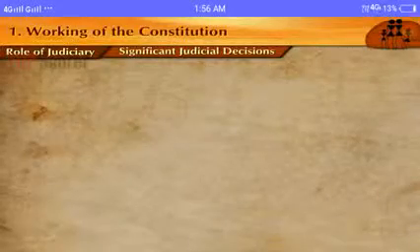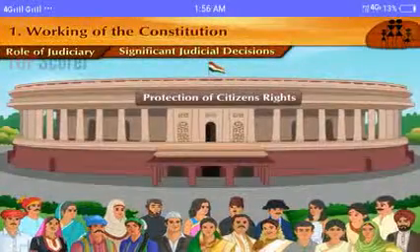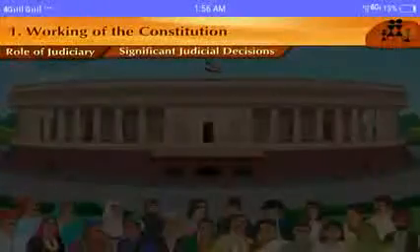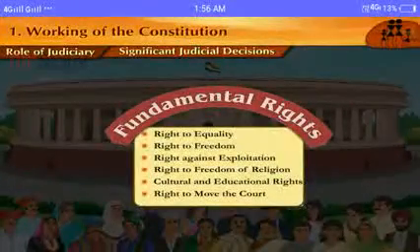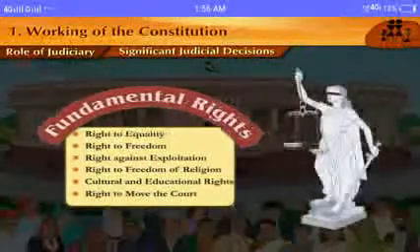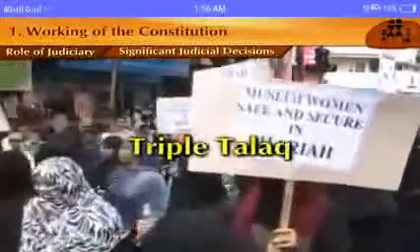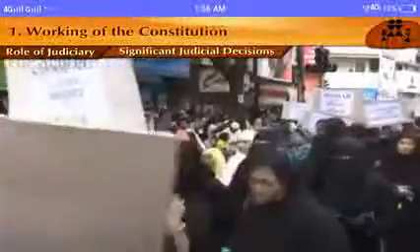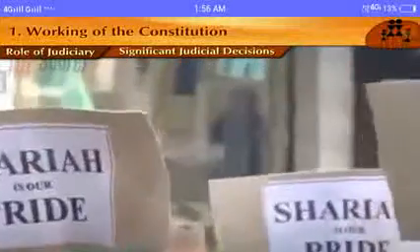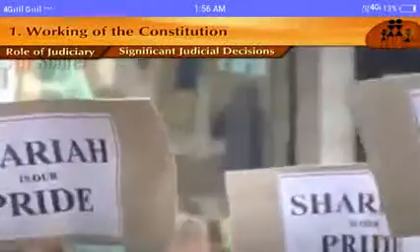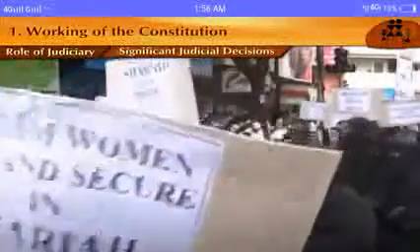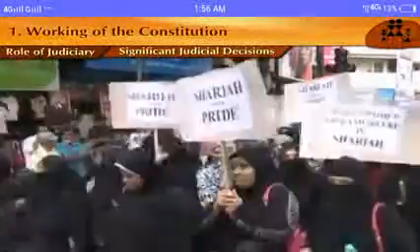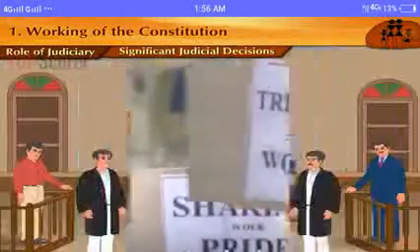Significant judicial decisions. The protection of citizens' rights, guaranteed according to provisions of fundamental rights of the Constitution, was strengthened through various decisions undertaken by the judiciary. For example, with the declaration of triple talaq as unconstitutional, the judiciary had protected the honor and prestige of women. By recognizing the right to privacy as an important right of citizens, the judiciary extended the scope of individual freedom.